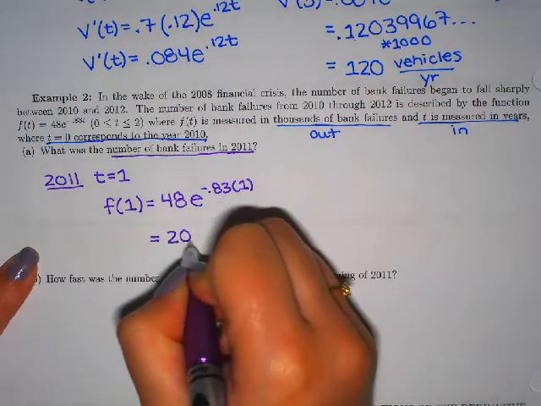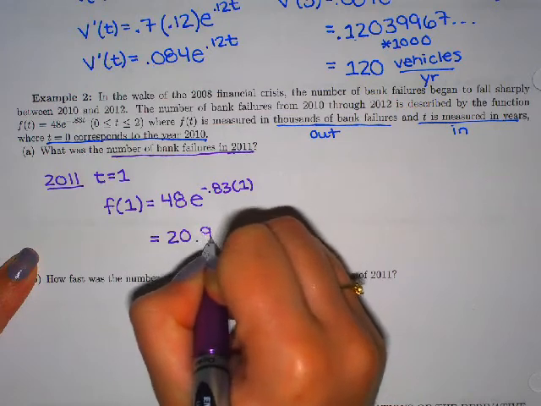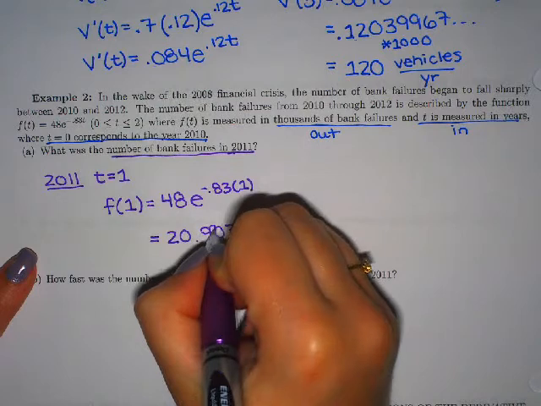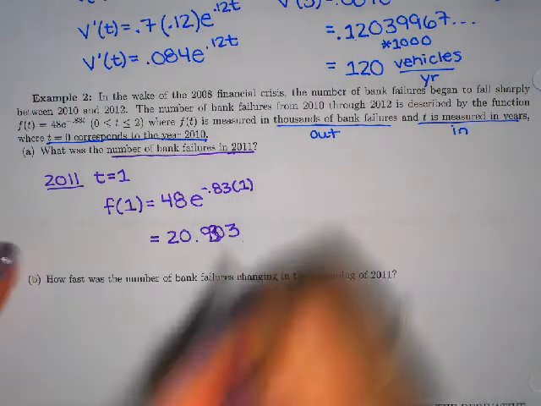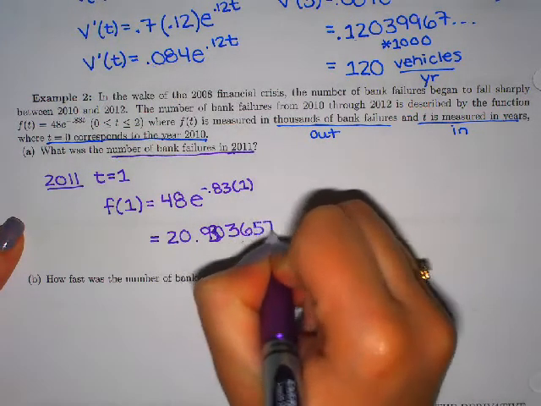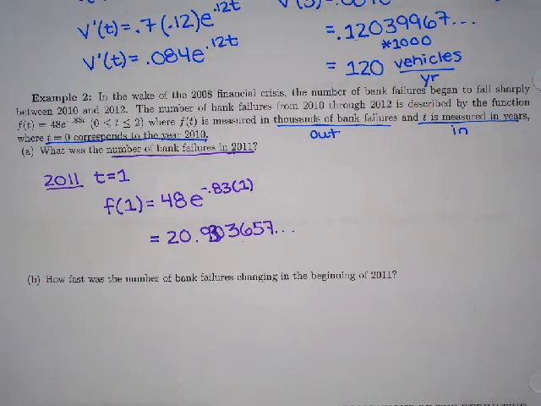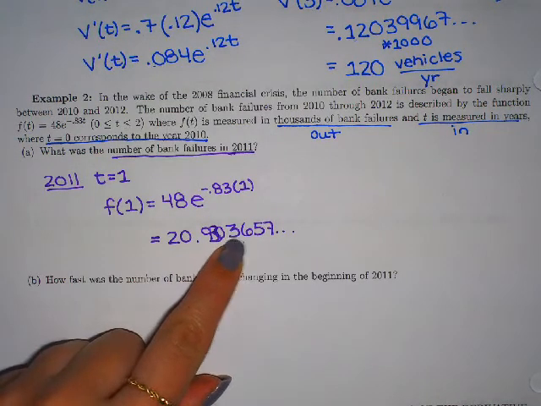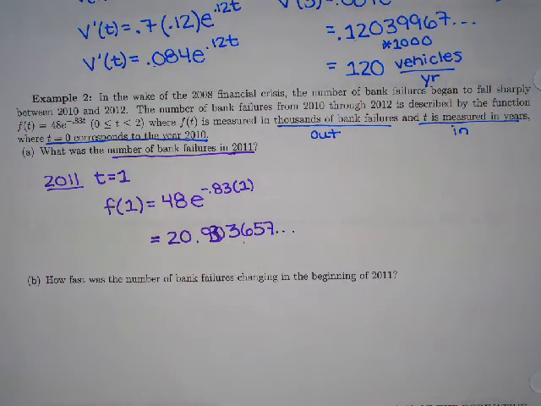It's better to know how to use your e button than not, and you can always email me and show me a picture of your calculator and I can help you. What you should get is 20.9303657.